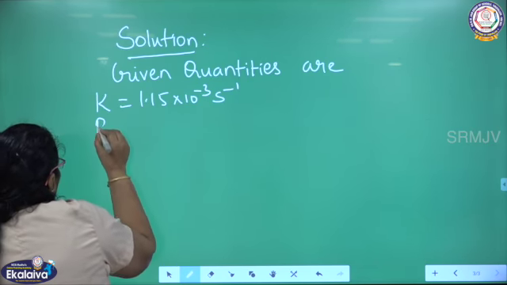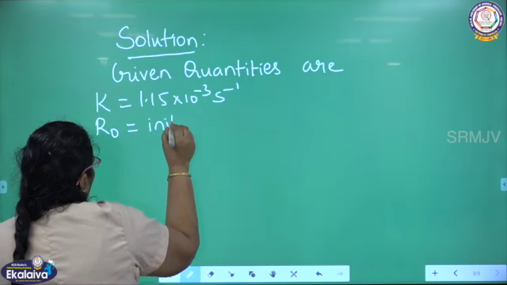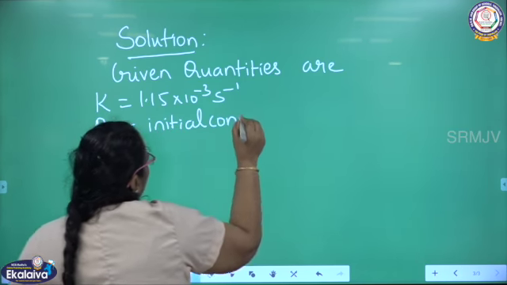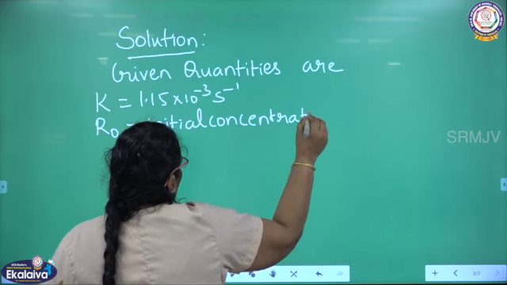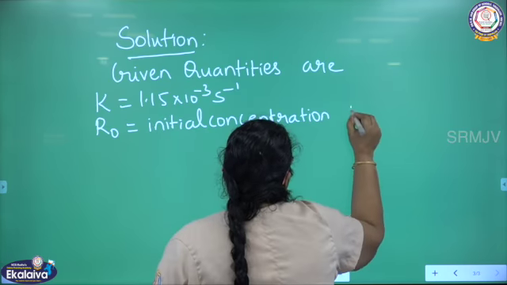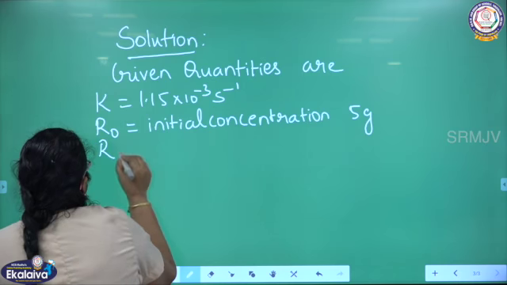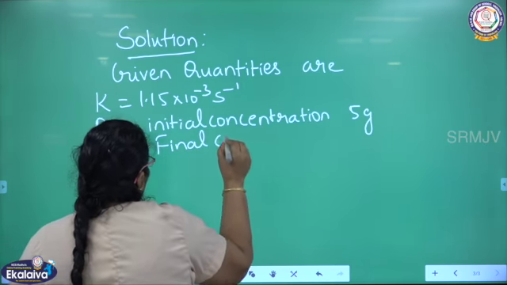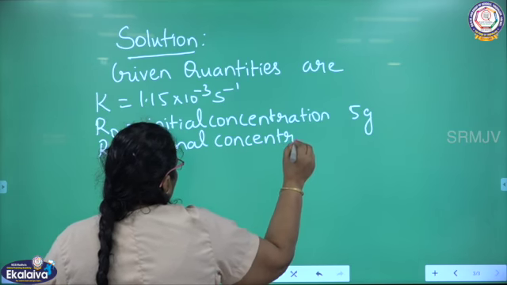One is R naught, that is the initial concentration, which is equal to 5 grams, and R, the final concentration, that is equal to 3 grams.